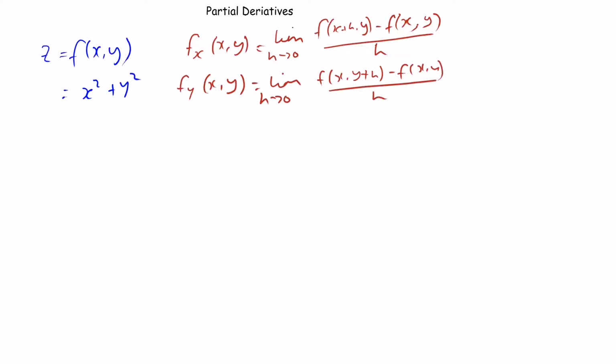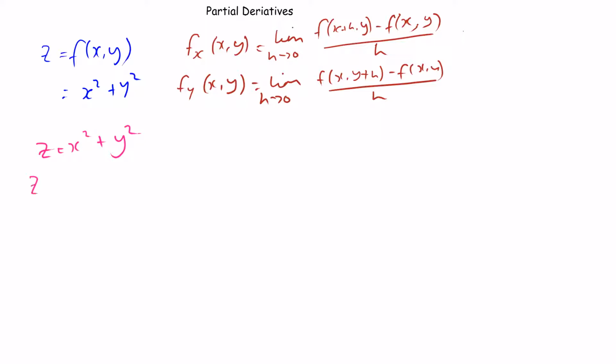So how do we calculate this? Before, with standard differentiation, we have our limit definition, and then we know that to differentiate something like x squared, it becomes 2x. So for partial differentiation, say we take z equals x squared plus y squared.